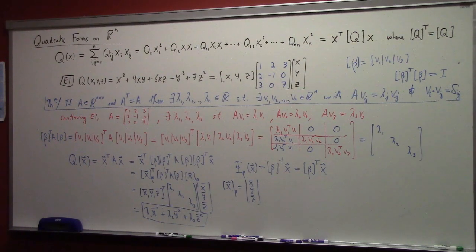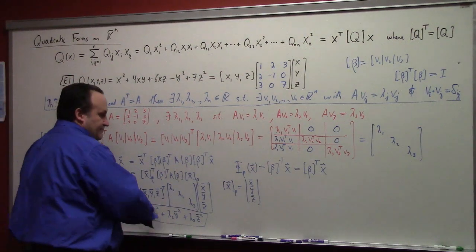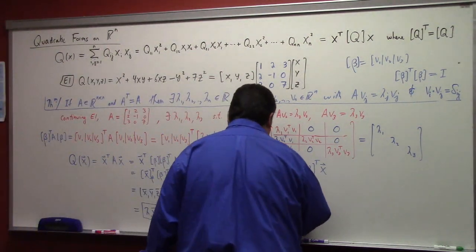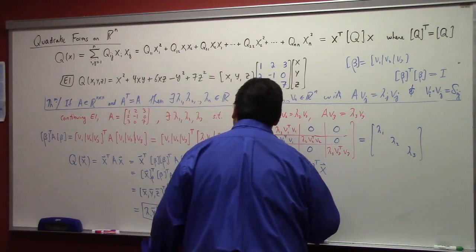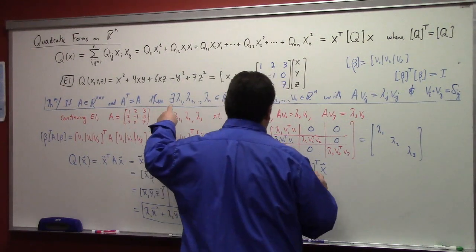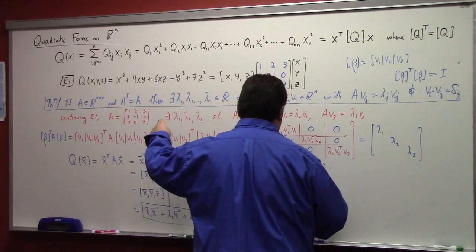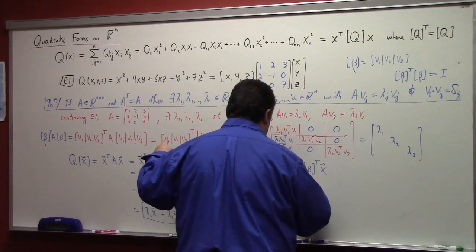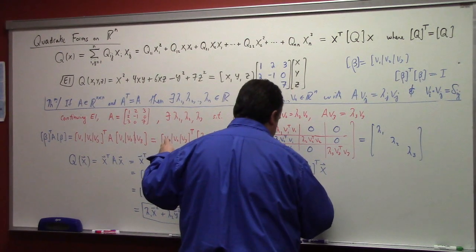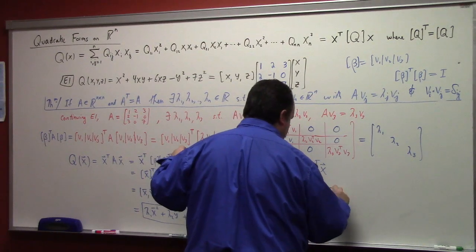So then, of course, the question is, how do you actually calculate lambda 1, lambda 2, lambda 3? Well, that goes back to the eigenvector, eigenvalue calculation. I have to work out the determinant of lambda I minus A, because that's kind of a more grown-up one.